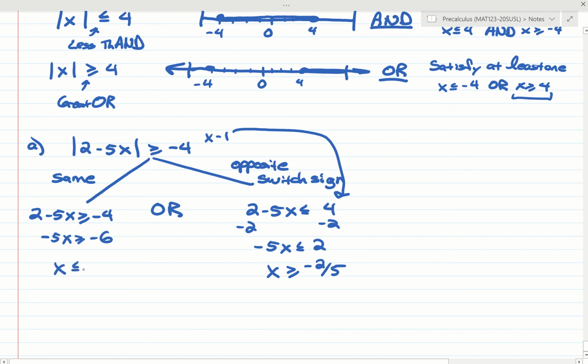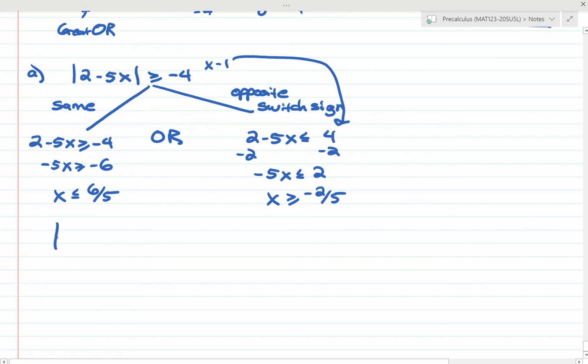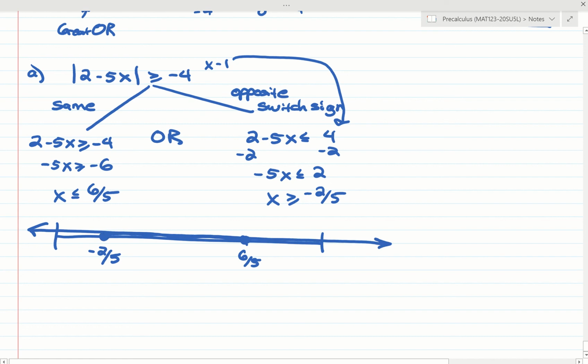So x would be less than or equal to 6/5. Just take a look at the graph real quick. 6/5, -2/5. So we're looking to see, okay, all these numbers are less than 6/5. All of these numbers are greater than -2/5.